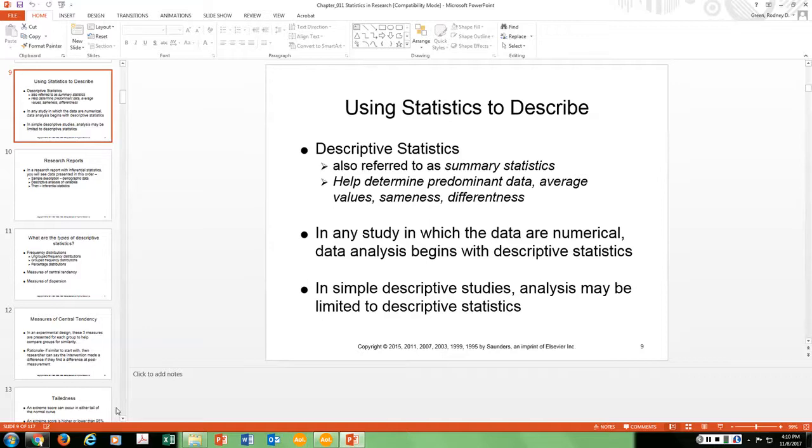So you know when you're reading a research report and you get to the findings, they will always say how many were the N, how many were in the study, how many men, how many women, what their ages were, what the average age was, etc. In a simple descriptive study, the analysis may be limited to descriptive statistics only.